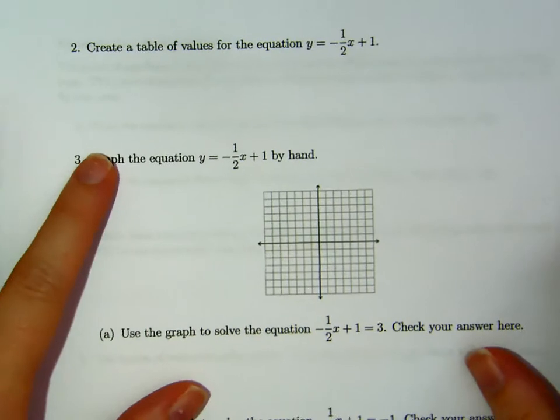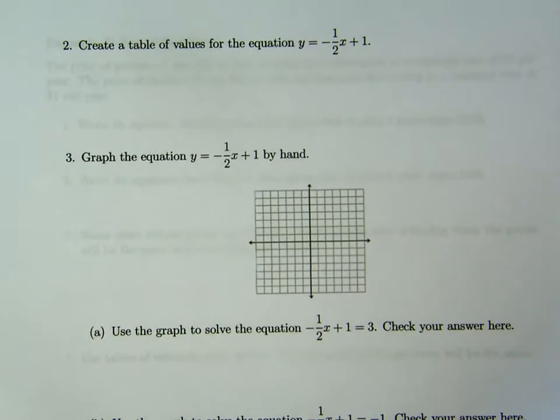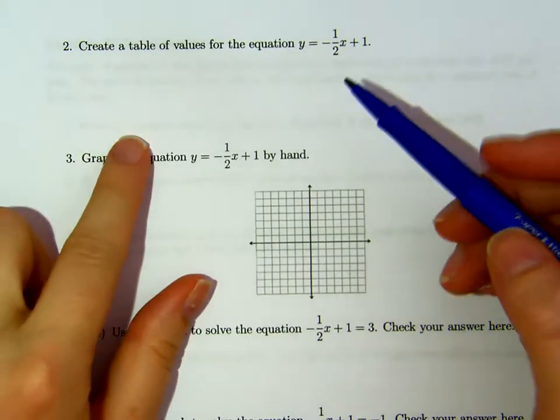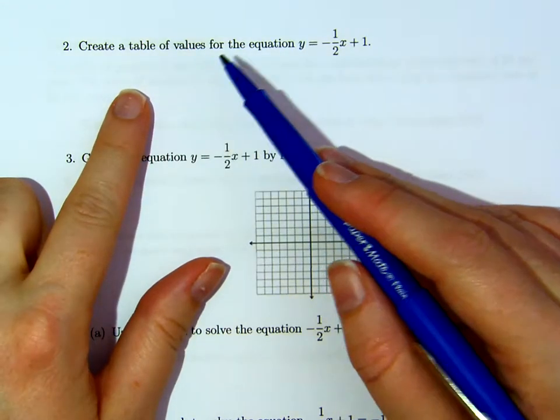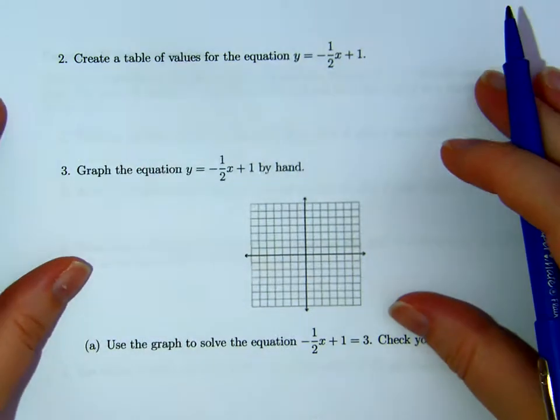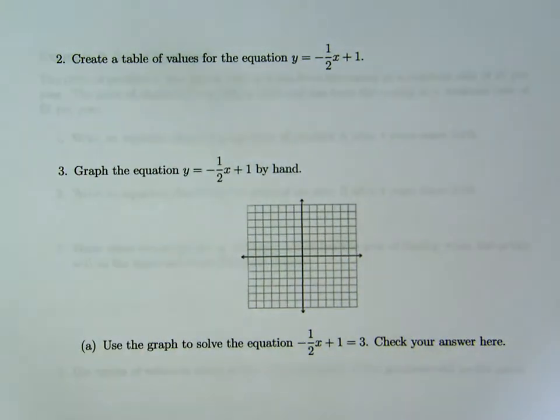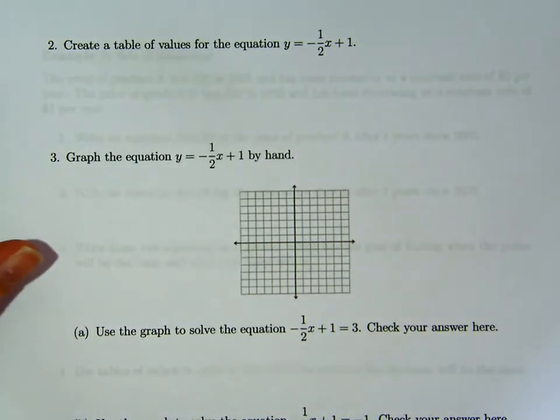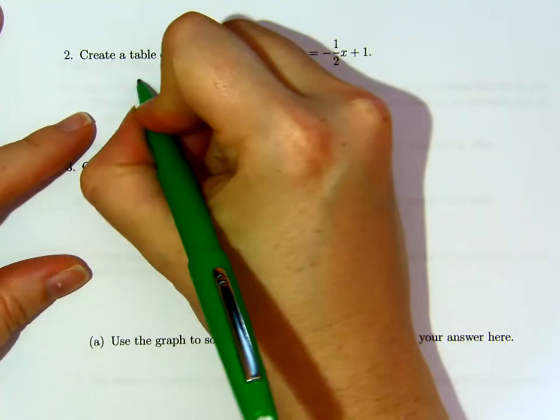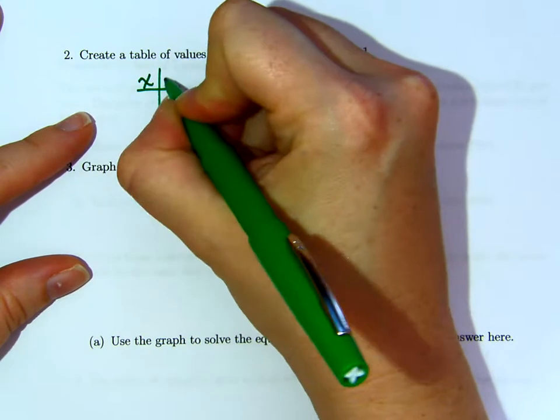Okay, let's do this again, but for a new equation. Let's create a table of values for this equation. I see that there's a half here, and I'm actually going to create 2 tables for this because I know what halves do.